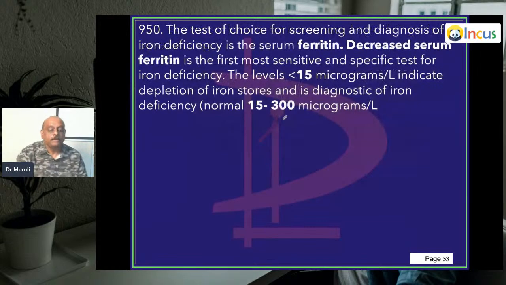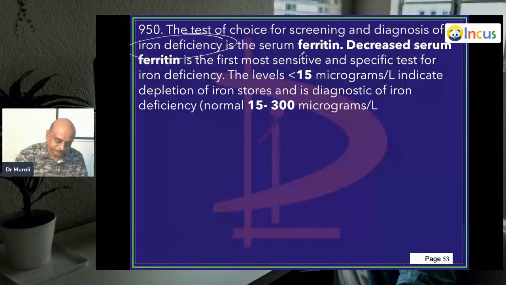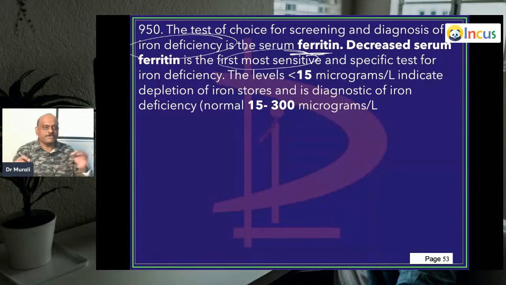Now, what is the best test to screen iron deficiency is a very important question. Serum ferritin. Decreased serum ferritin is the first, most sensitive and specific test for iron deficiency. Anybody says, maybe this is iron deficiency, you send for iron studies. In that you check for ferritin.